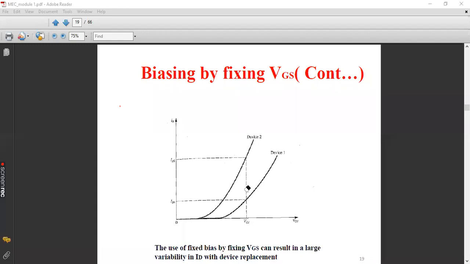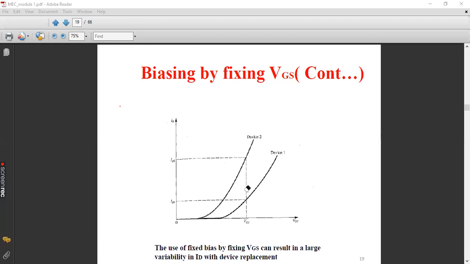Again, I'm analyzing the current ID2 for device 2 at the same voltage VGS. Both look different, right? The magnitudes of drain currents ID2 and ID1 are different, even though I have fixed my VGS.